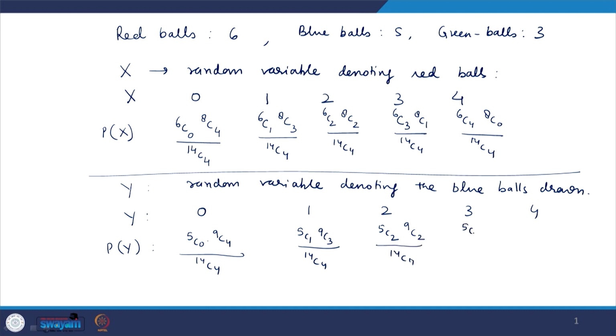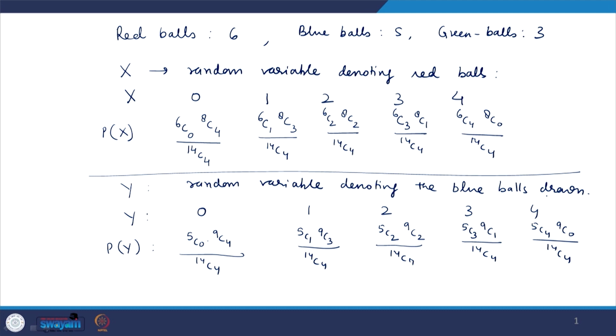Now it is 5C3 9C1 upon 14C4, and 5C4 9C0 upon 14C4. This will be the probability mass function for the random variable denoting the blue balls drawn. In this way we can find the probability mass function for capital X and capital Y.